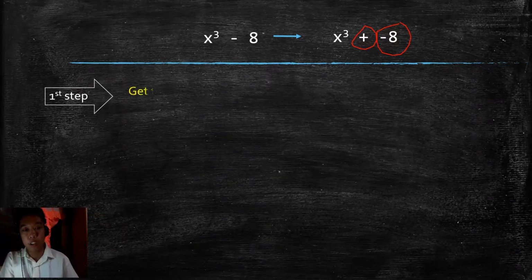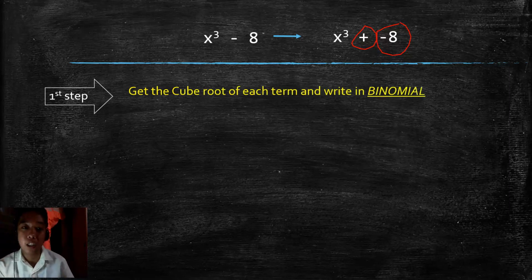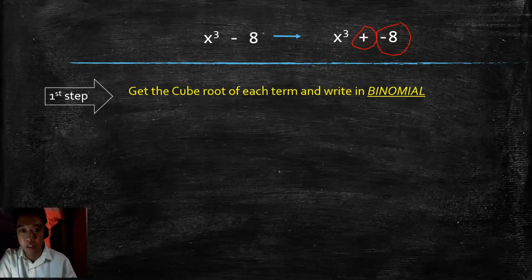Unang step is kunin natin yung cube root ng dalawang terms. Okay, so ang dalawang terms diyan ay x cubed and then negative 8. Okay.